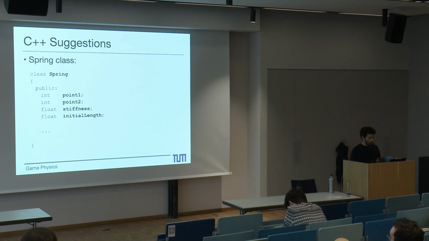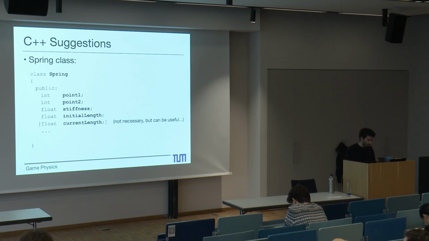Here we just have a C++ template. Each and every spring is defined by its two endpoints, its stiffness and its initial length. And in principle, we can also store the current length, which could save us some computation, though not so much memory. But in any case it could be useful.